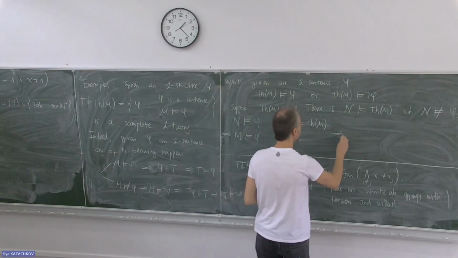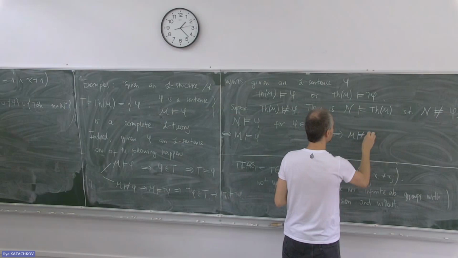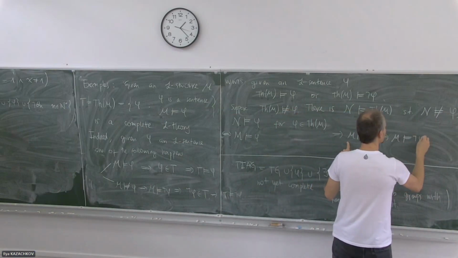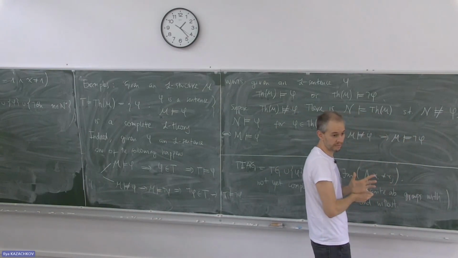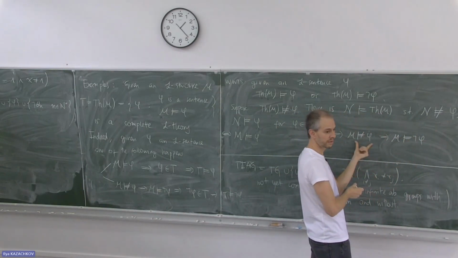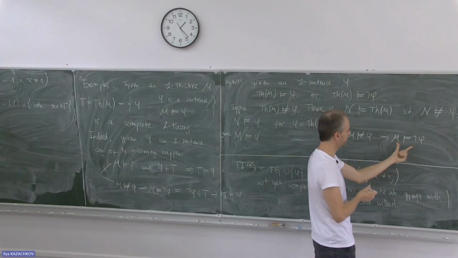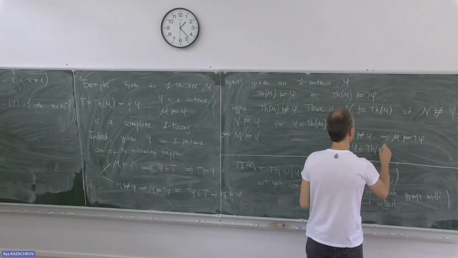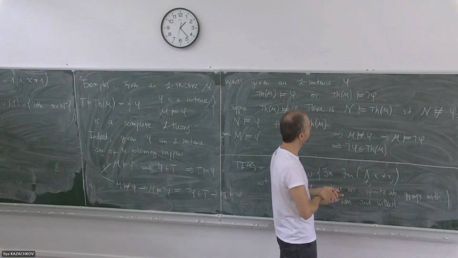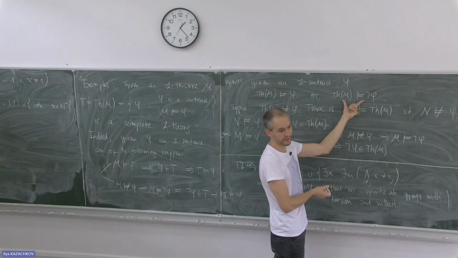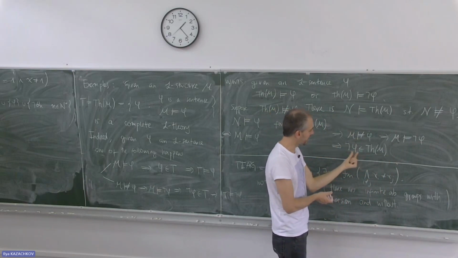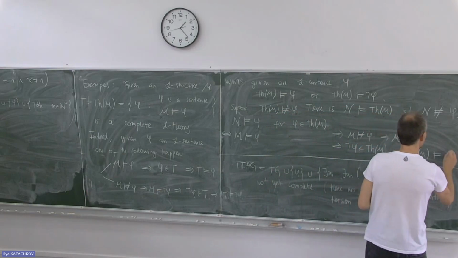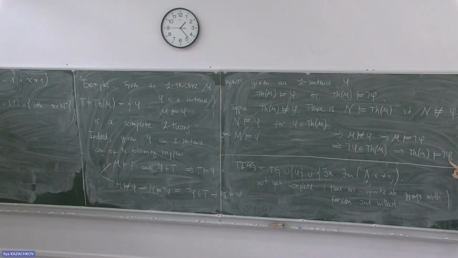Exactly. So this implies M does not satisfy phi, and this implies M satisfies the negation. If I don't satisfy this formula, I need to satisfy the negation. But this implies that the negation is an element of the theory of M, and this is exactly what implies here, because if it is an element, for sure the theory of M implies this formula.